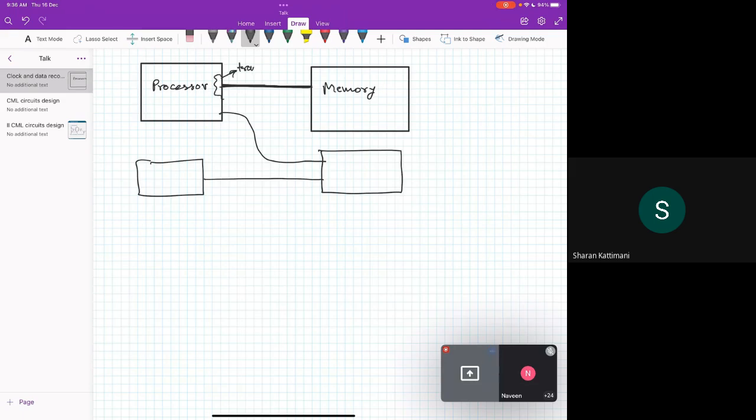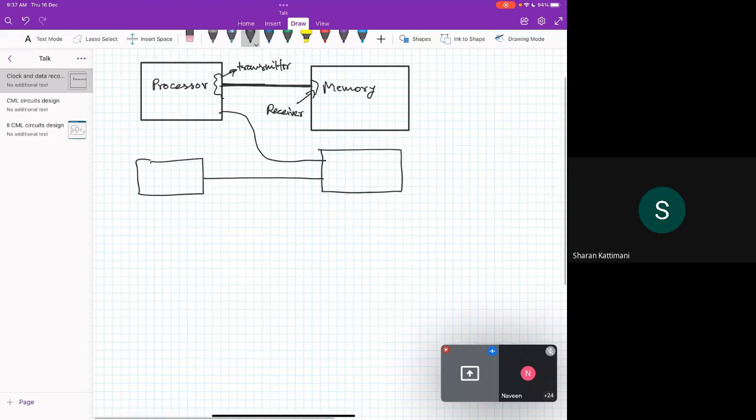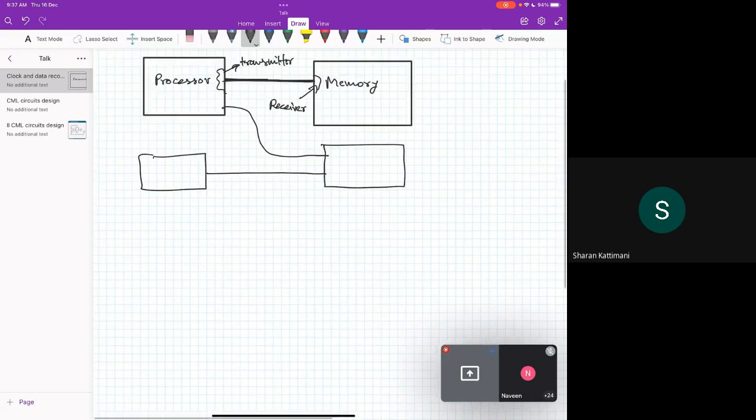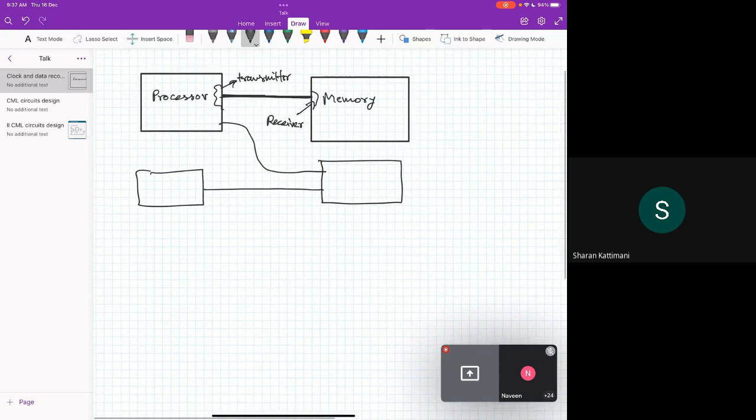transmitter here and a receiver here. Okay, so in general, what kind of transmitter and receiver should we put here? The answer to this question is that the processor will provide data to the memory.